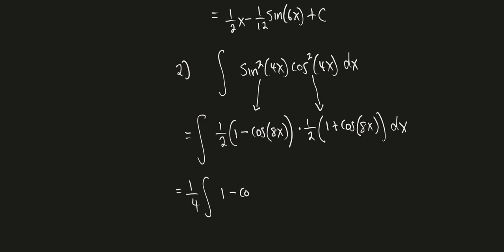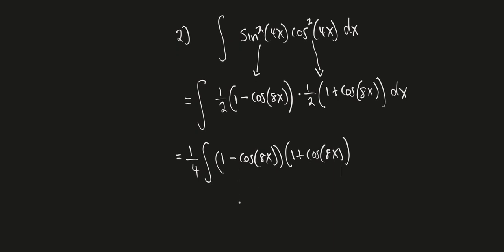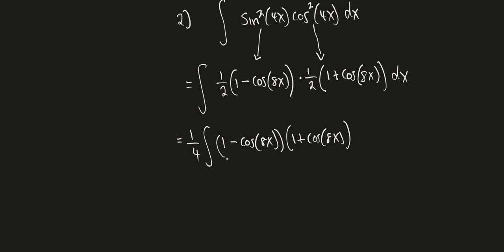1 minus cosine of 8x, and then times the quantity 1 plus cosine of 8x. This is the difference of two squares formula. So what I have here is, if I FOIL this out, right? Because what I have now is a product. So I can't just integrate that factor and multiply them.